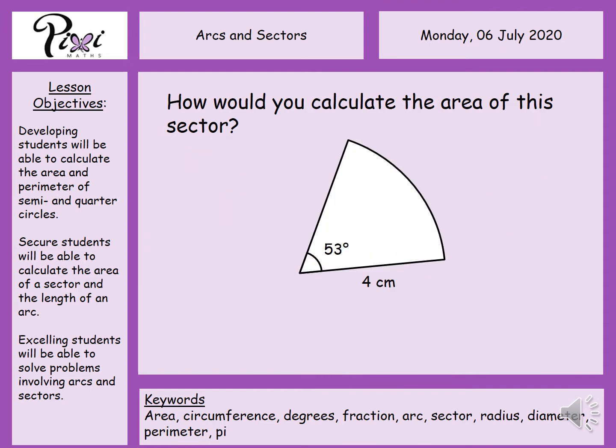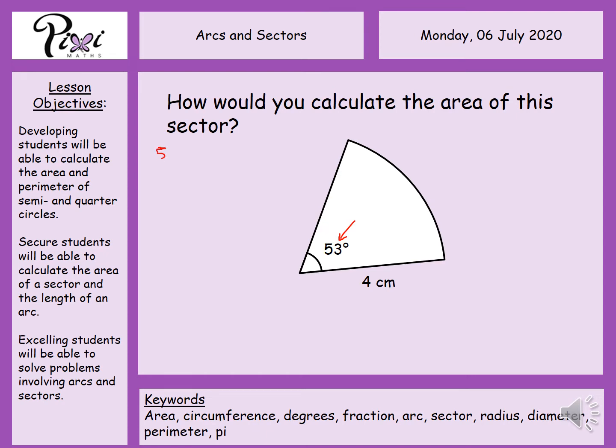Okay, so the hardest sort of this, we're trying to work out the area now when we've got a not nice round number angle. So we've got 53 degrees here. So what we need to do is work out what proportion of the full circle we've got. So what we did on the last slide when we had 60 degrees, we said we knew that the total was 360 and we knew we had 60 out of it.